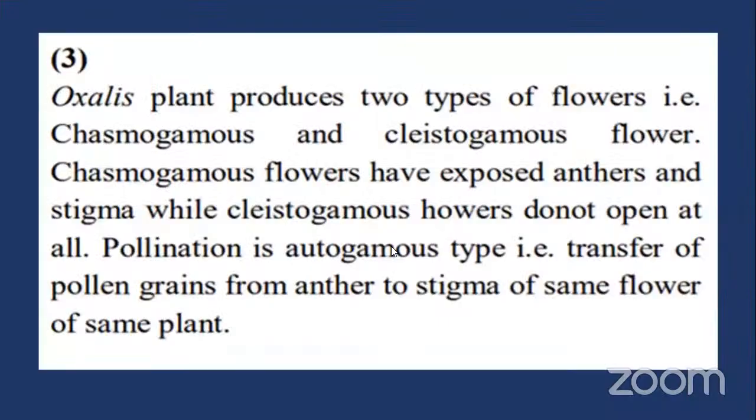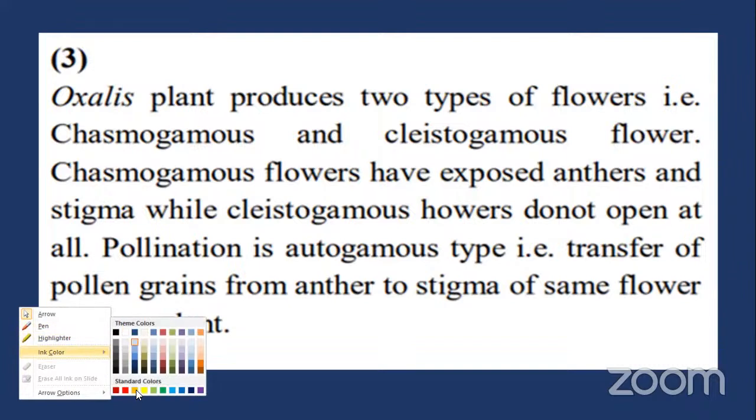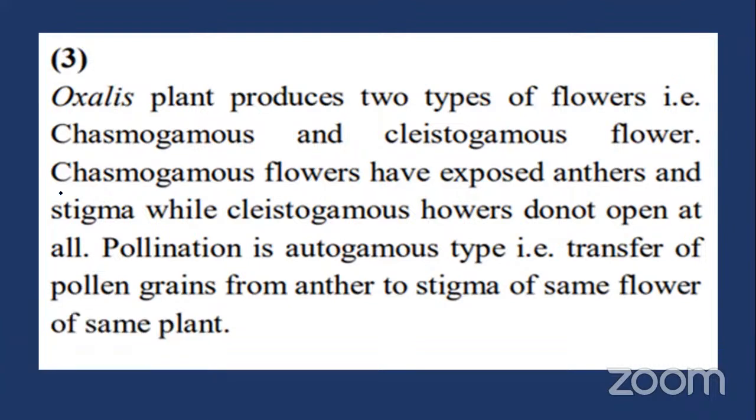See the option. The Oxalis plant produces 2 types of flowers, chasmogamous and cleistogamous. Note this down, my dear students, this is very, very important. Chasmogamous flowers have exposed anthers and stigma, while in cleistogamous flowers, the flowers do not open at all, so the pollination is autogamous.